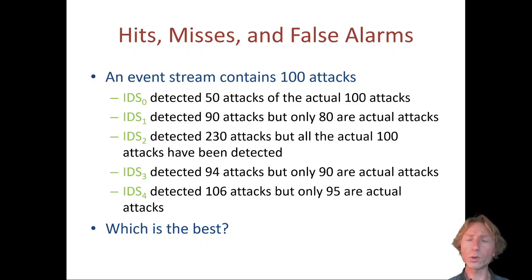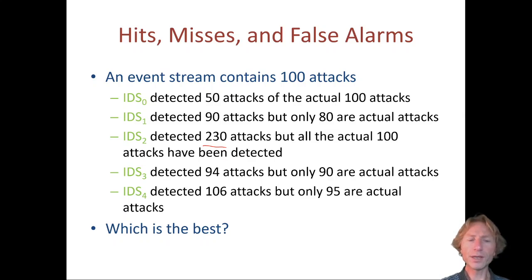You don't want to miss any attacks, even if it means that perhaps you have to manually verify a lot of false positives. Okay, but typically you don't want to have too many false positives. In most cases, your target is not that valuable, and false positives are actually super expensive.